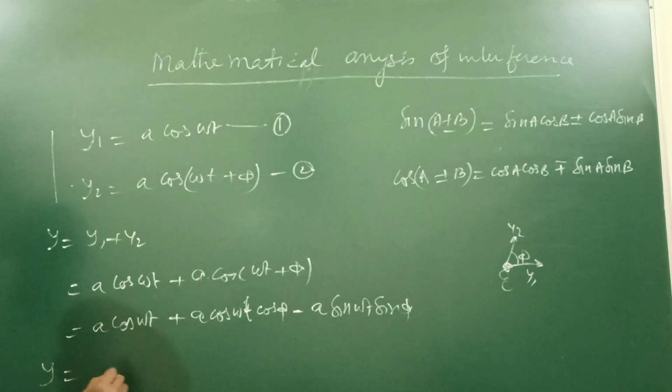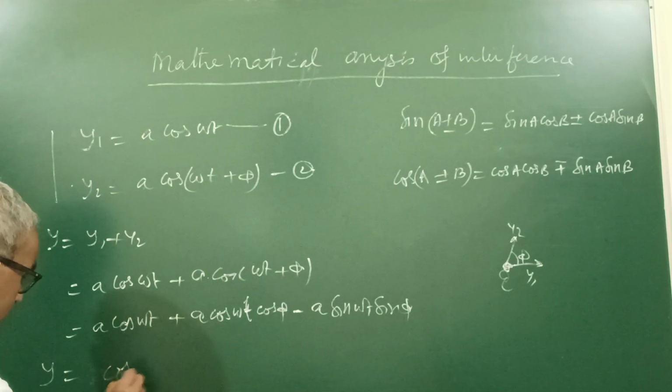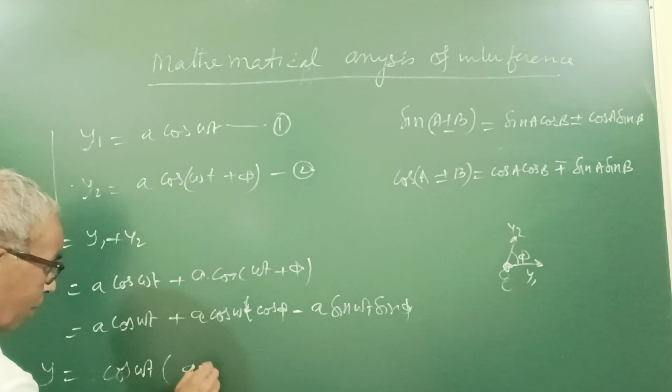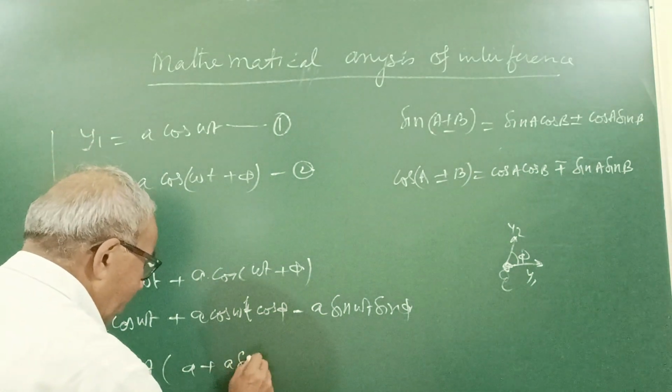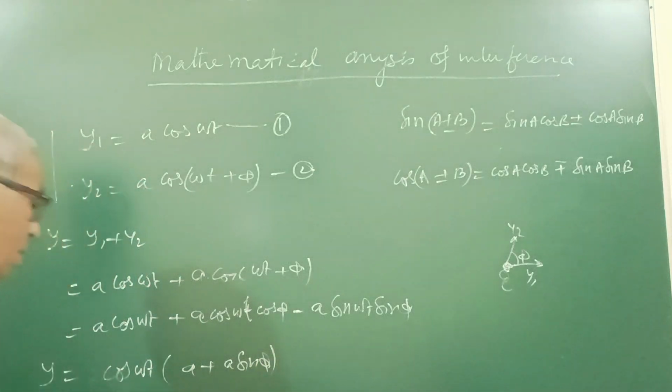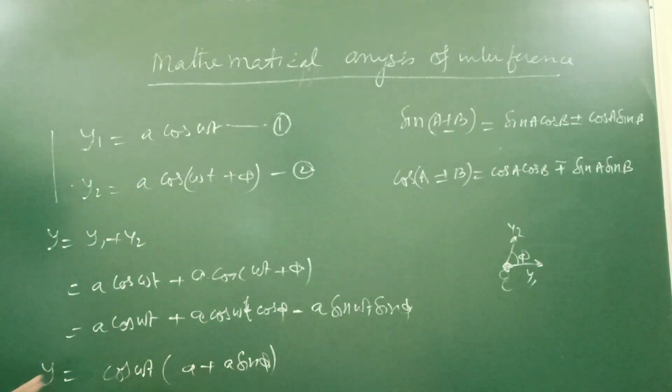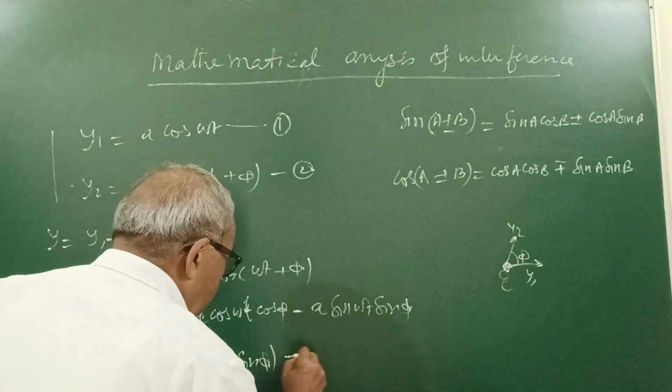So y equal to A. I take cos omega t common here. So it will be A plus A cos phi, minus A sin phi sin omega t. I may take A outside also, but there is a reason I am not taking it like that.